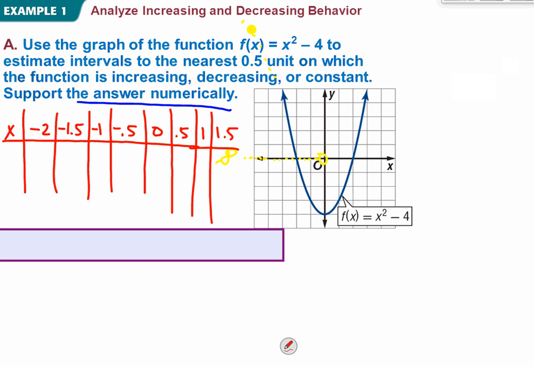Oh, did I miss any? No, I just didn't go all the way to 2. And then find f of x values that match that.